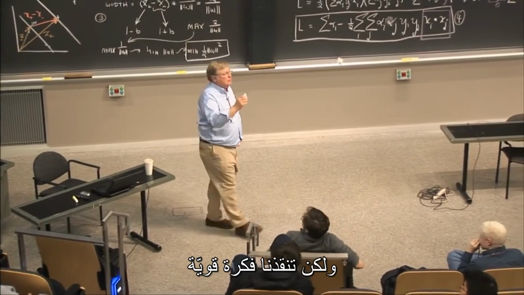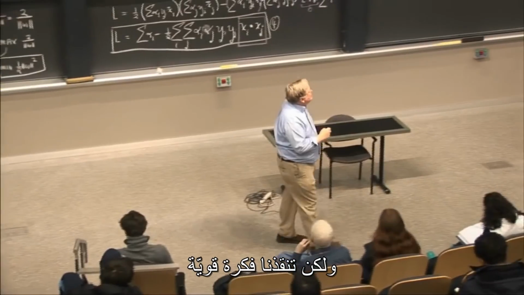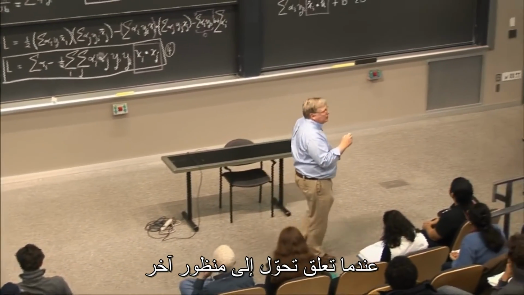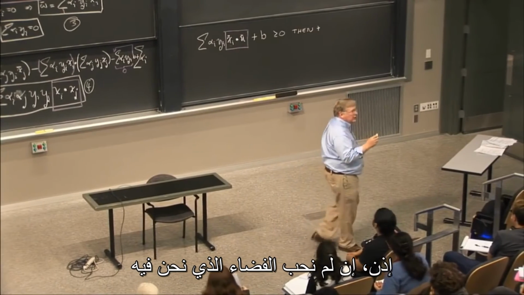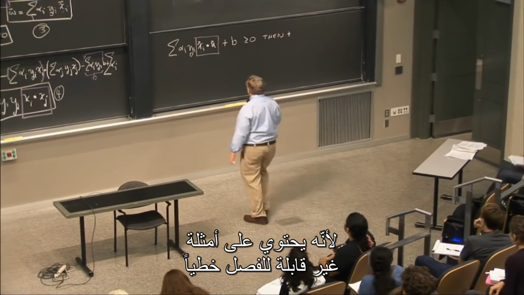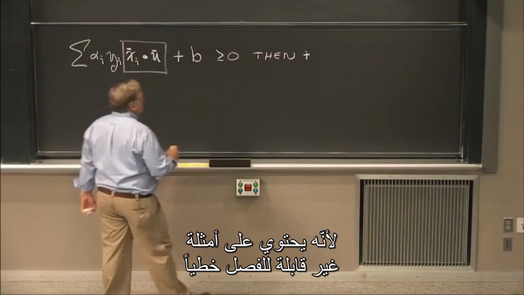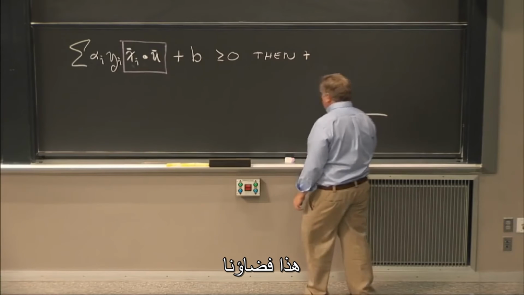But then a powerful idea comes to the rescue. When stuck, switch to another perspective. So if we don't like the space that we're in because it gives us samples that are not linearly separable, then we can say, shoot, here's our space.